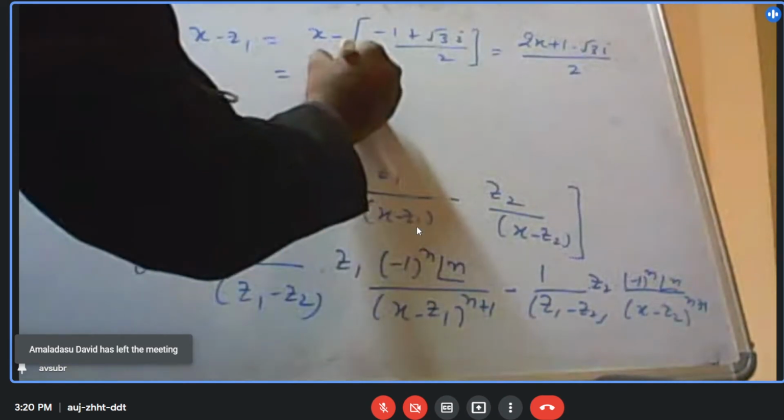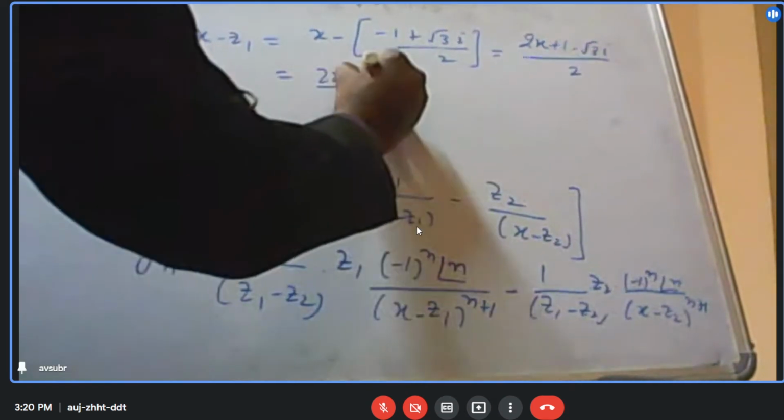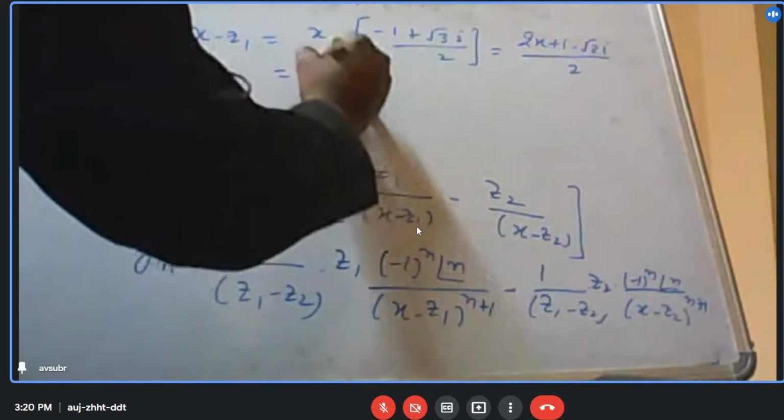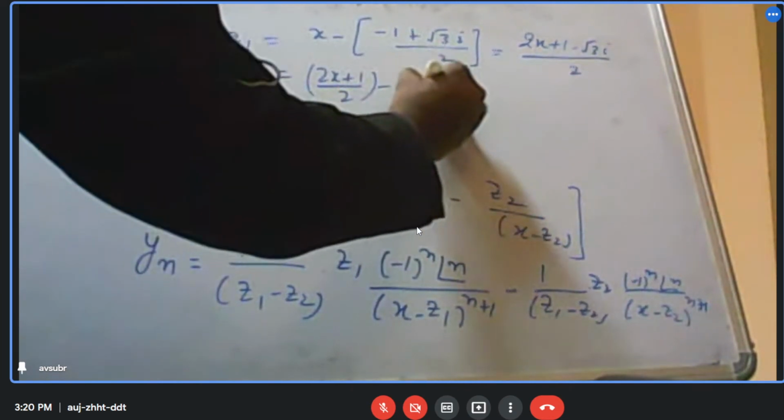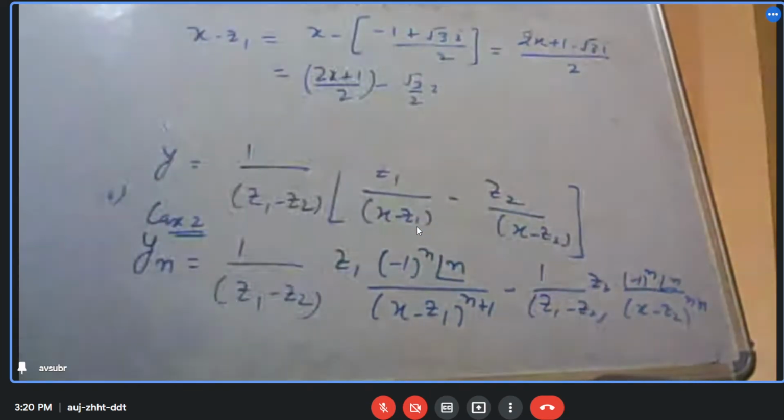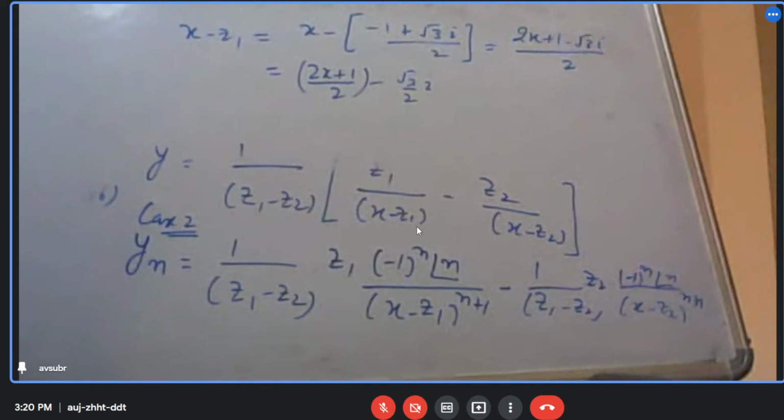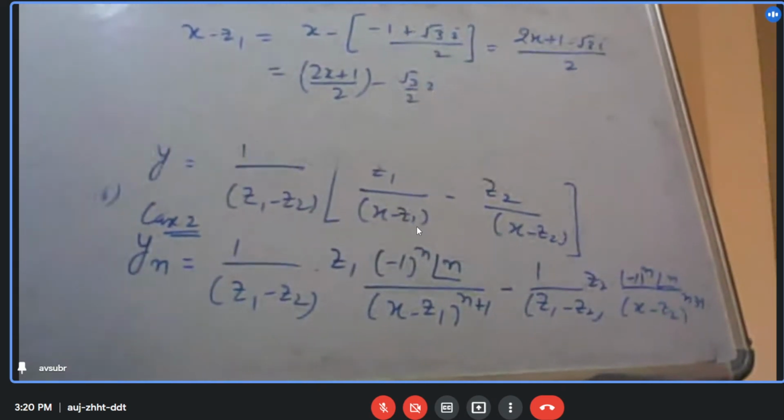Or I can write it as 2x plus 1 by 2 minus root 3 by 2 i.